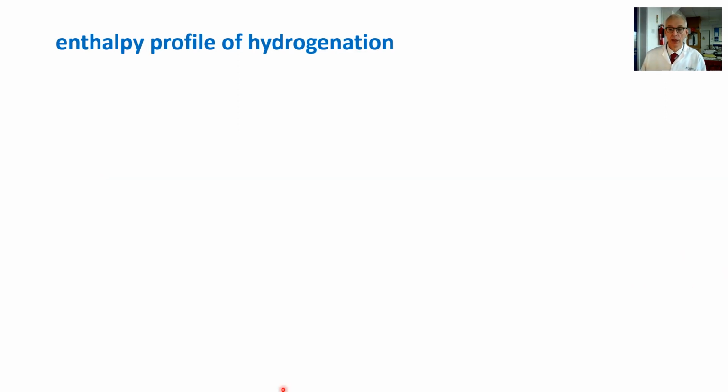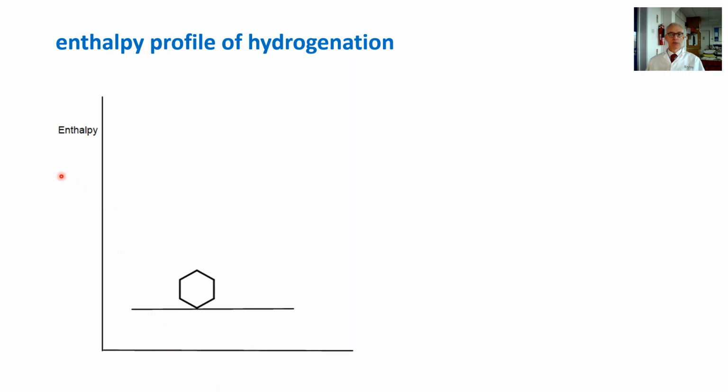Now, what would that look like on an enthalpy profile? So you may be asked to produce an enthalpy profile for the hydrogenation of the Kekule model and then compare it to real benzene. So let's just give you a bit of a prompt. This is what we mean by an enthalpy profile, enthalpy here, and I've positioned cyclohexane as our molecule here on this enthalpy value.